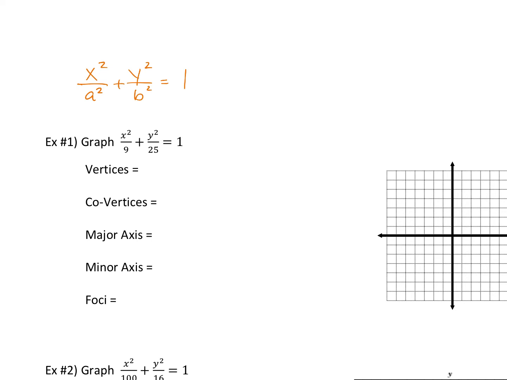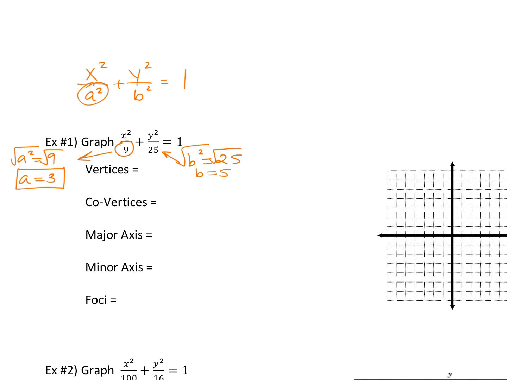It's 3, right? This is A squared, which is 9. So if A squared is 9, we take the square root of that, and A is going to be 3. Okay, what's the value of B? 5. This is your B squared, right? So B squared is 25. If we take the square root of that, B is 5.